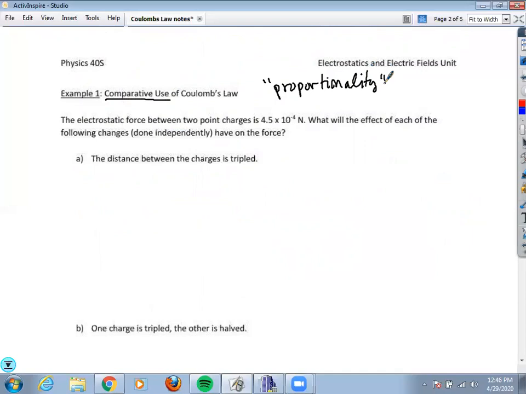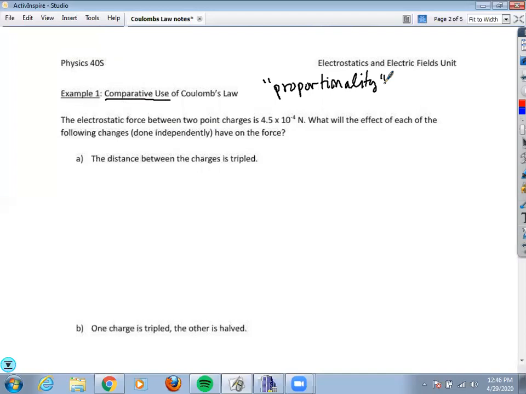If we look at it here, in this case, this is just looking at the relationship between the size of the electric force and how it's affected by the different constraints, namely the charge size and the separation distance.